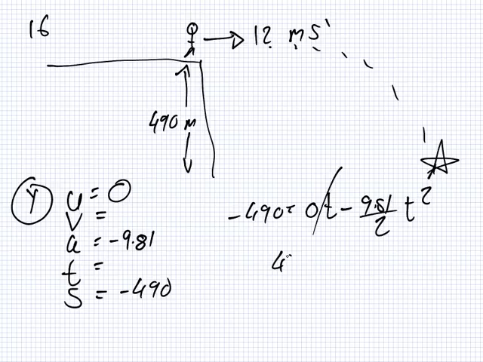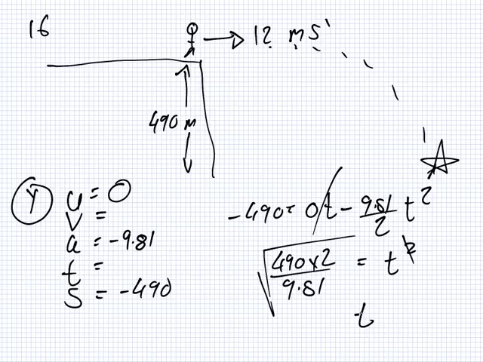So 490 times 2 over 9.81 equals T squared. T is 9.99 seconds, so about 10 seconds.